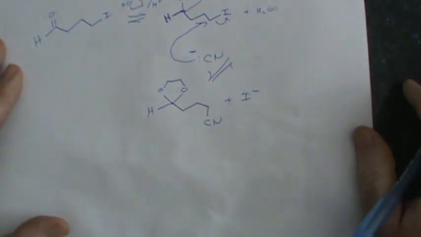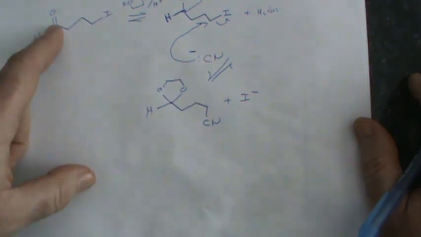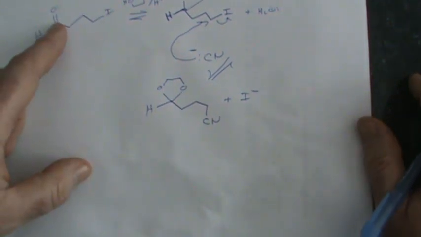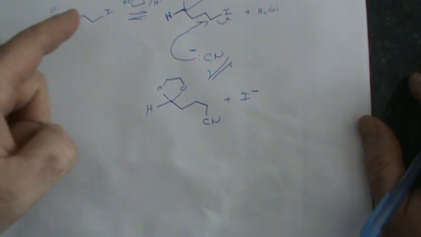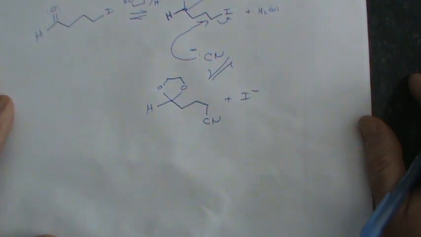There it is. Now this SN2 reaction is not complicated by simultaneous addition of the cyanide to the carbonyl carbon, because there is no carbonyl carbon. I have protected the carbonyl carbon by converting it temporarily into this acetal.